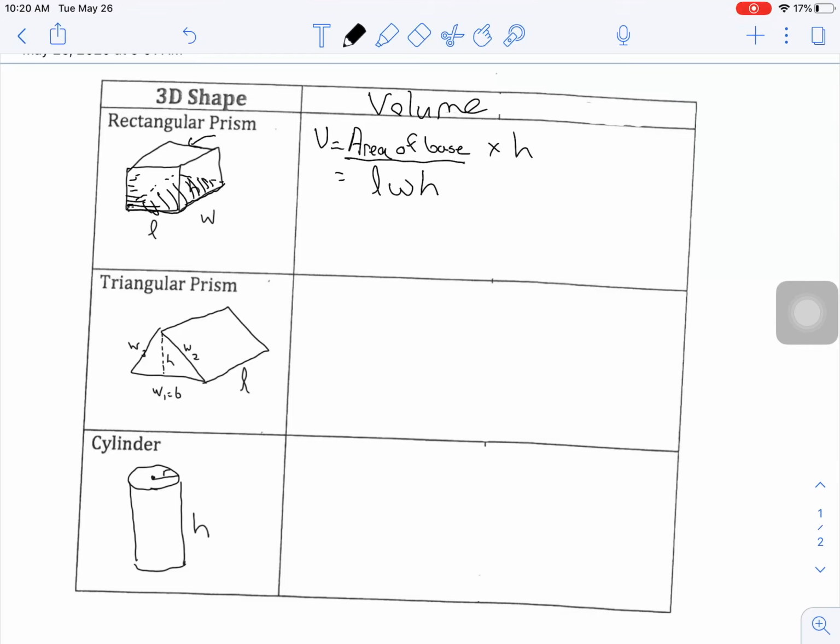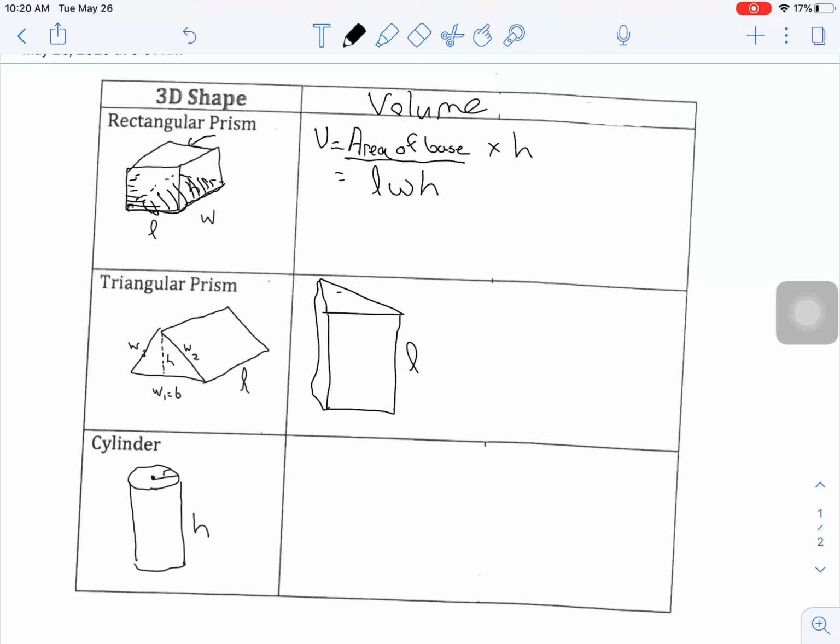Now this is a little different for the triangular prism because it's on its side. So I'm going to actually draw the same shape, but I'm going to draw it like so. Now, in this case, it's confusing because the triangle has a height and the prism has a height.